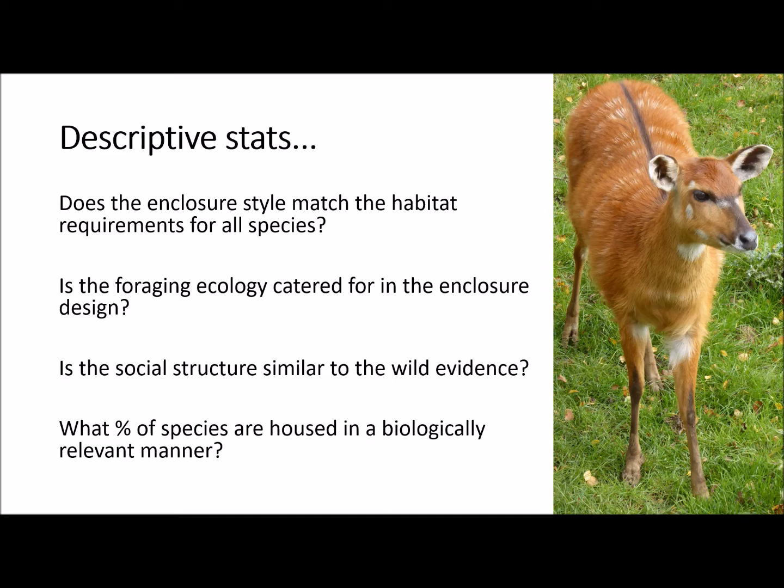And we would also look at what percentage of species from this overall study are housed in a biologically relevant manner. So you could work that out from the end of your analysis. How many significant p-values do you have that suggest that what we know from the wild is predicted based on the evidence we have gathered, and is that replicated in the zoo?